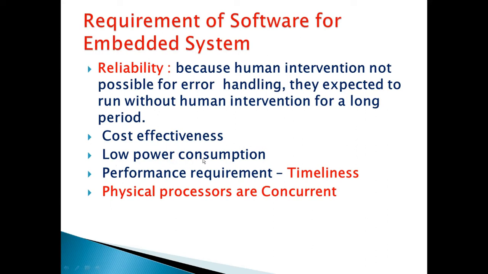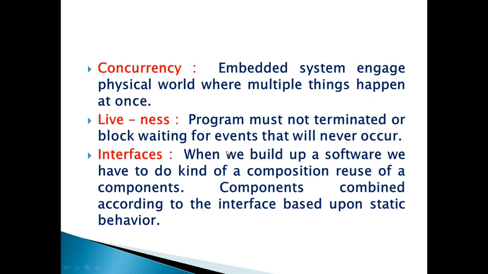Physical processes are concurrent. Concurrency means what? Embedded systems engage the physical world where multiple things happen at once. Liveness: the program must not terminate or block waiting for an event that will never occur.